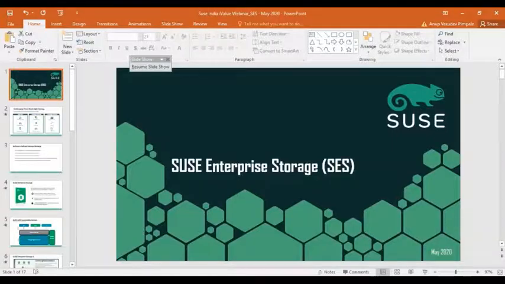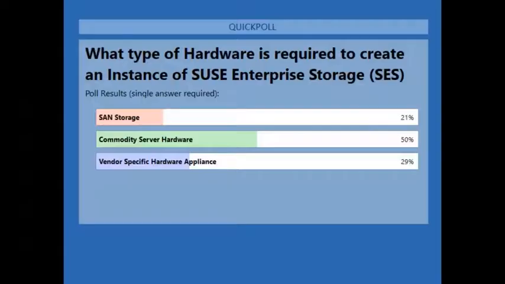So let's look at the answers. A large chunk has answered right. 50% of the people have answered that SUSE Enterprise Storage can be created on commodity server hardware. That's the right answer, that you do not need a SAN storage.